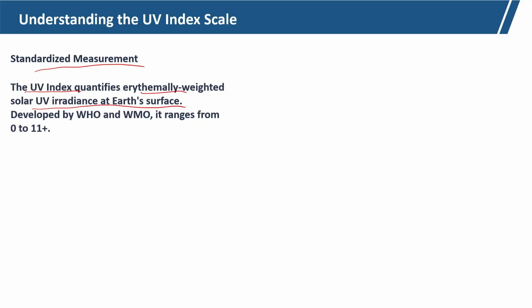So, UV index is different at different places, and it is developed by WHO and WMO, and it ranges from 0 to 11, and more than 11 also. 0 means there is no UV ray in that zone, 11 means very high, and more than 11 is extremely high.